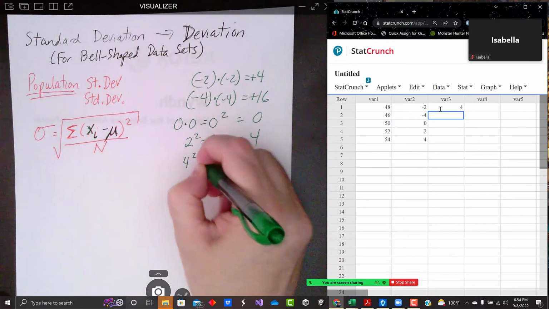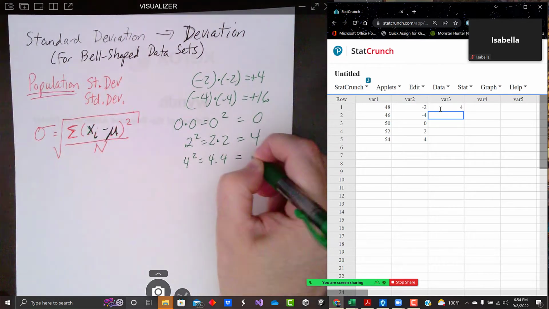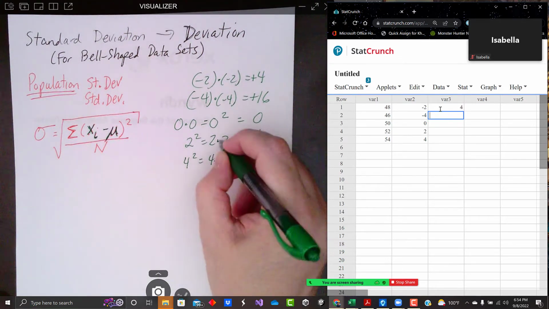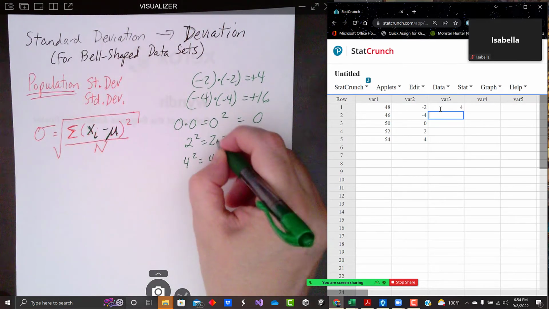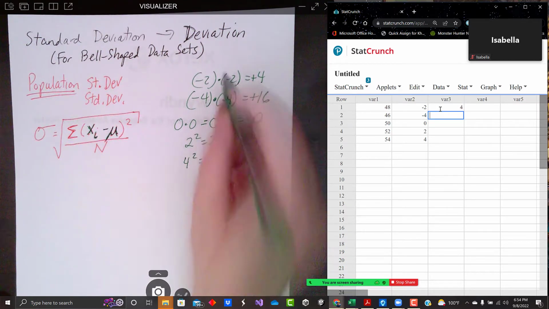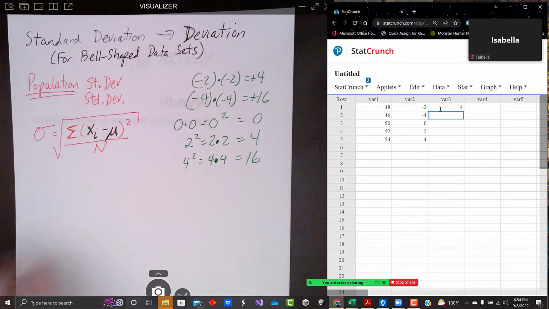And 4 squared is 4 times 4, which is 16. I use dots because we use x's for a lot of things as variables. So I use dots to do multiplication. I'm going to just type what I had here.